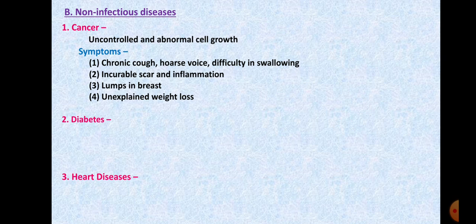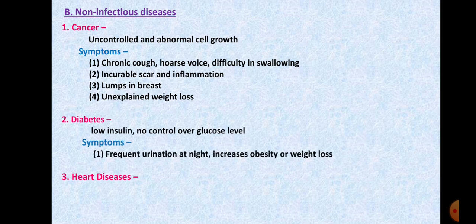Then scars appear on the body which are not curable, and inflammation, that is swelling, also takes place. At times lumps or tumors can be seen in the breast, and weight loss takes place. There is no reason, suddenly the weight loss takes place. So these are the symptoms of cancer, which is a malignant tumor.